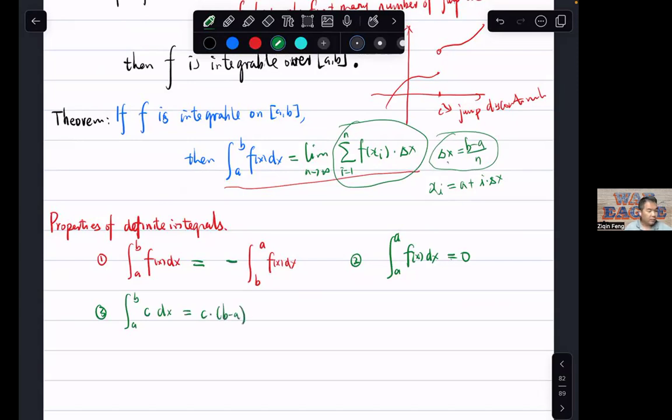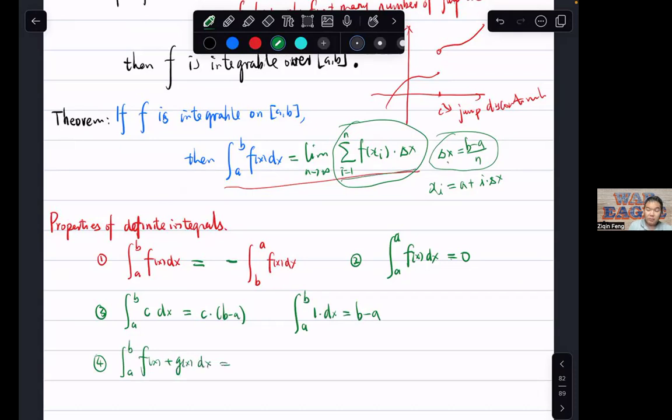Basically the integration of 1 is b minus a. A special example: the integration from a to b of 1 dx is b minus a, the length of the interval.